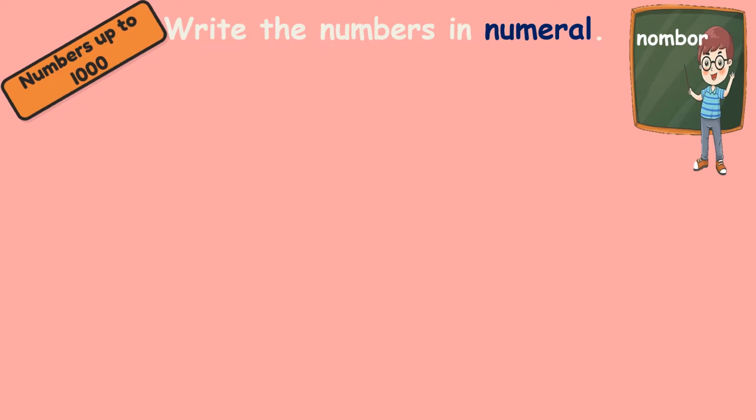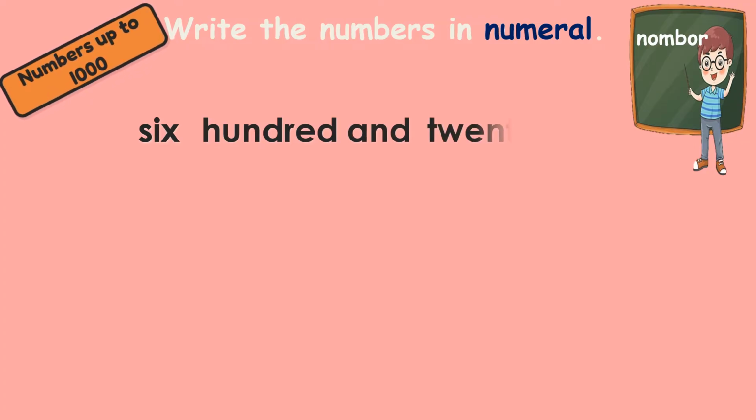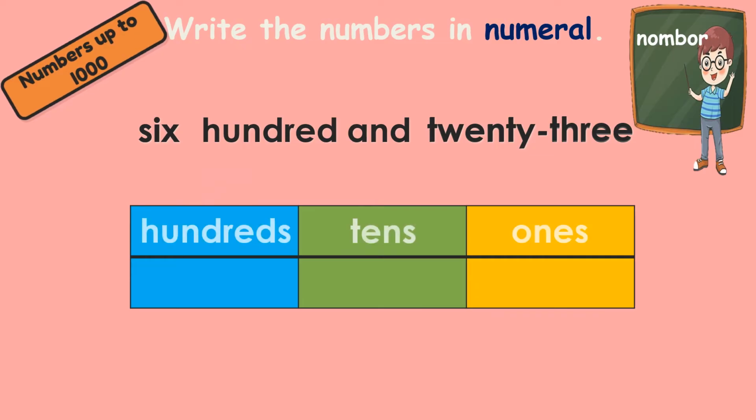Now let's continue to the next example. 623. Let's use the place value chart. How to write in numeral? Let's start from hundreds place. Look at the word 600. 6 we change to number 6.